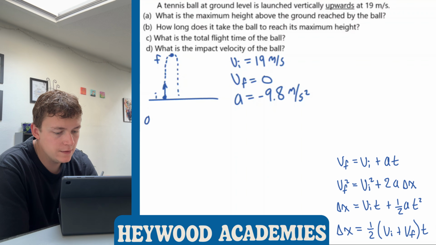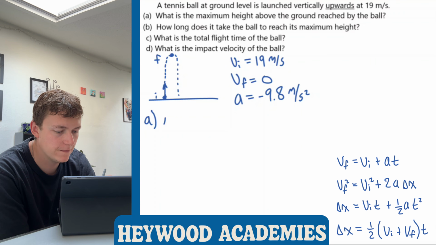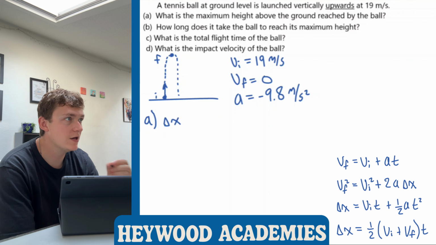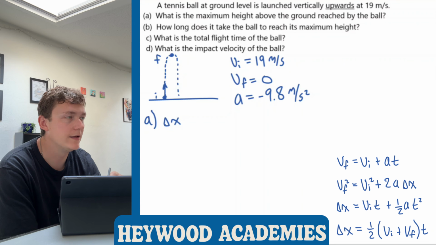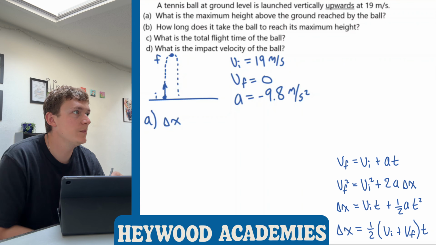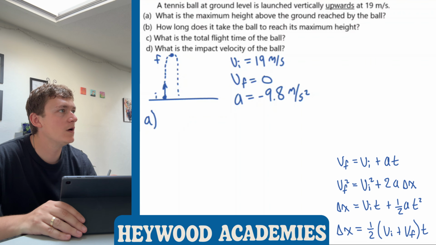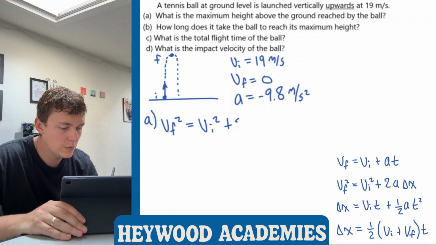So for part A, we were not given the time, and we're asked to solve for our delta x here. So we can go back to our list of equations, and we'll use the one that does not have time in it, which will be this one. So let me get rid of this and write the equation here. So we want v final squared is equal to v initial squared plus 2a delta x.